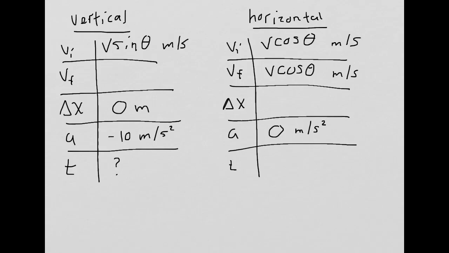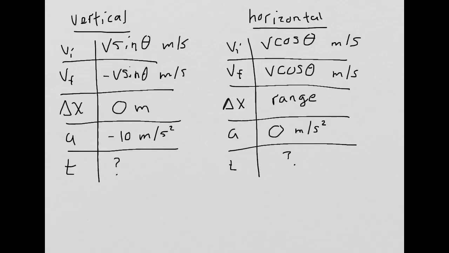We don't know horizontal displacement. That's the range, and that's what we're really looking for. And we don't know time in either case. Also, you might remember that final vertical velocity is just negative v sine theta, so it has the same magnitude but the opposite direction coming back down.